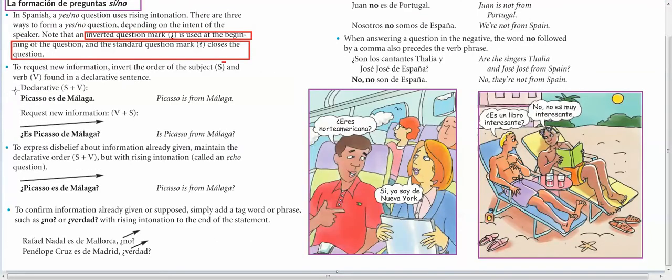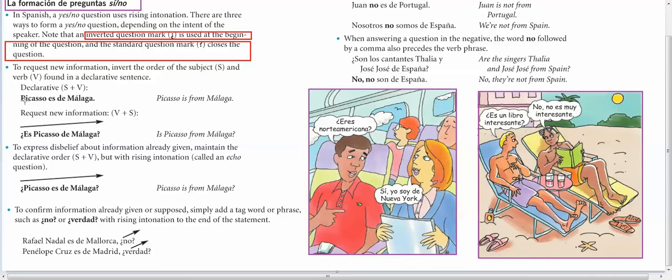Okay, so to request new information, you're going to invert the order of the subject and the verb found in a declarative sentence. So in a declarative sentence, you're going to have your subject and then your verb.